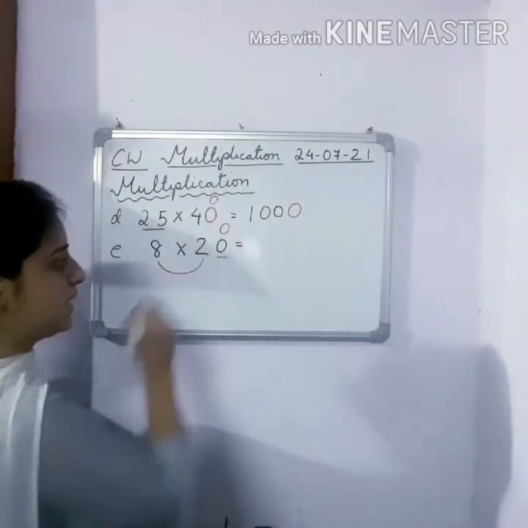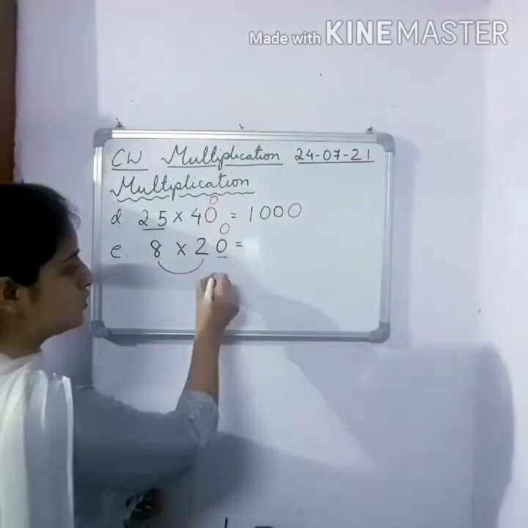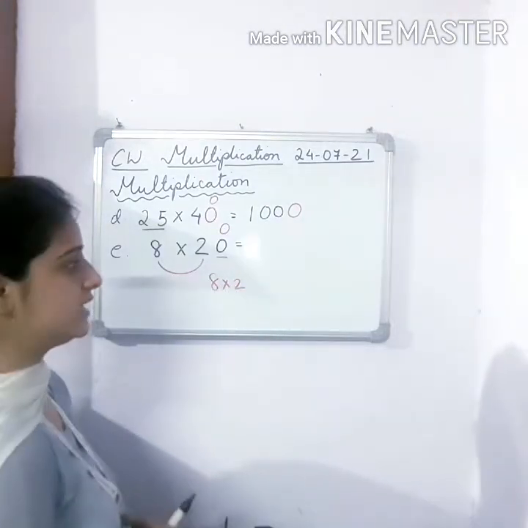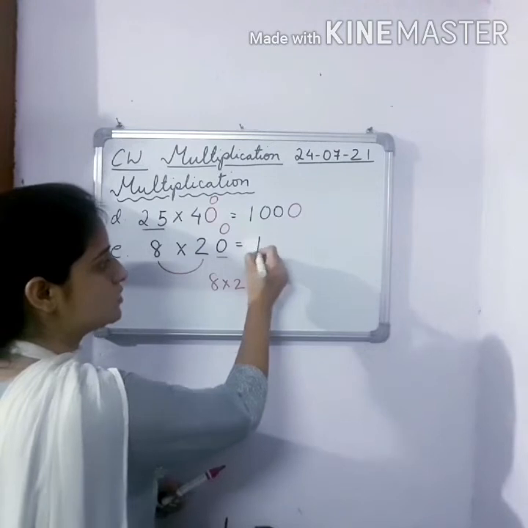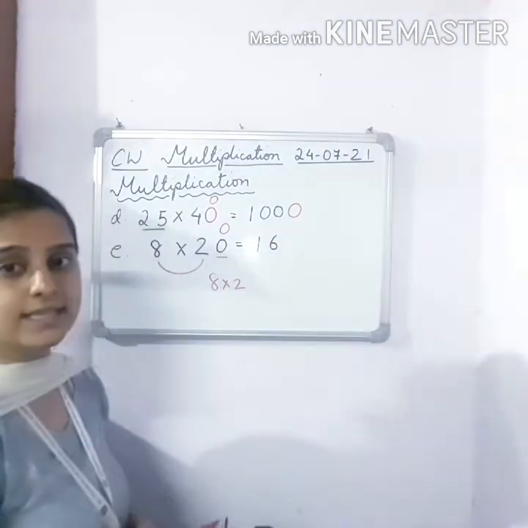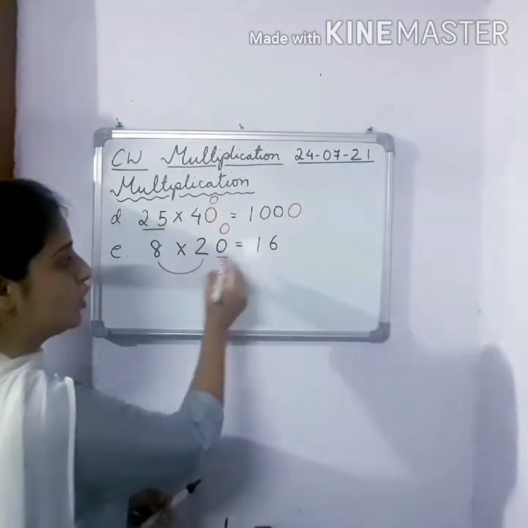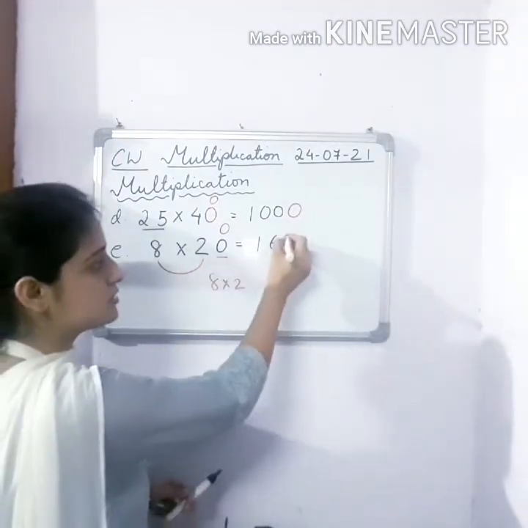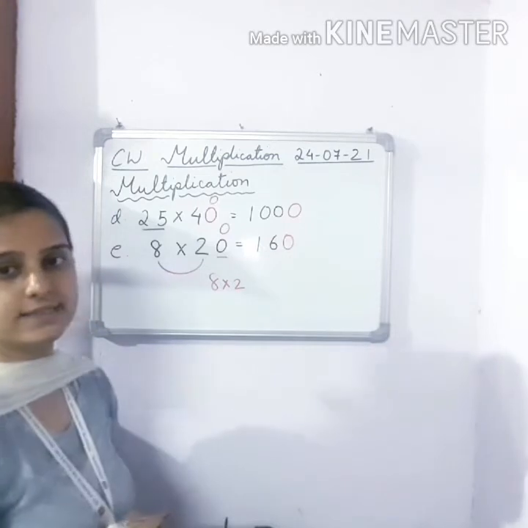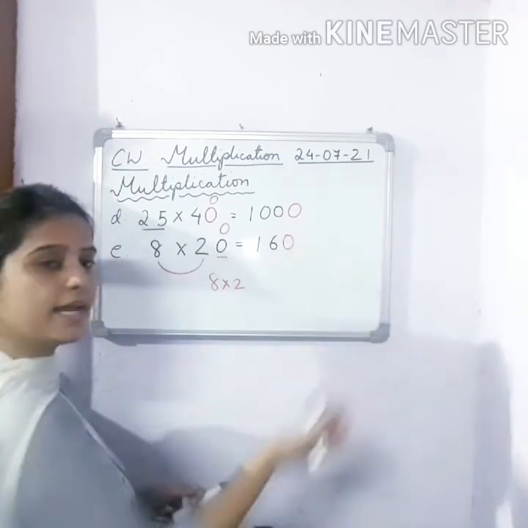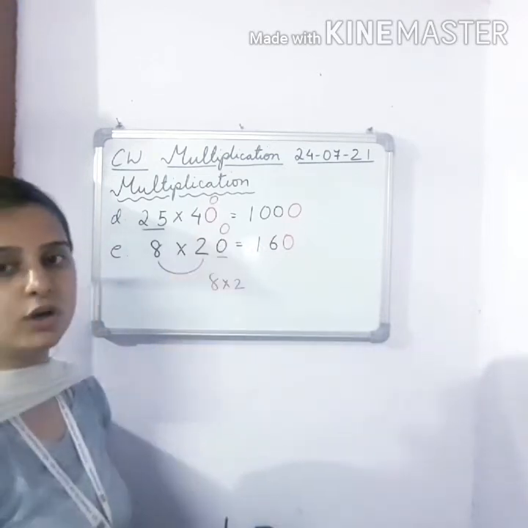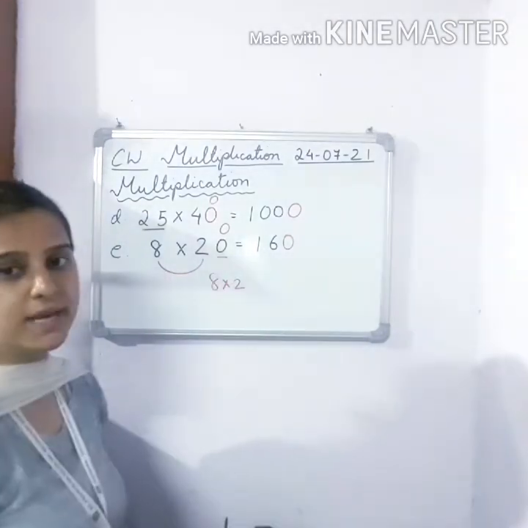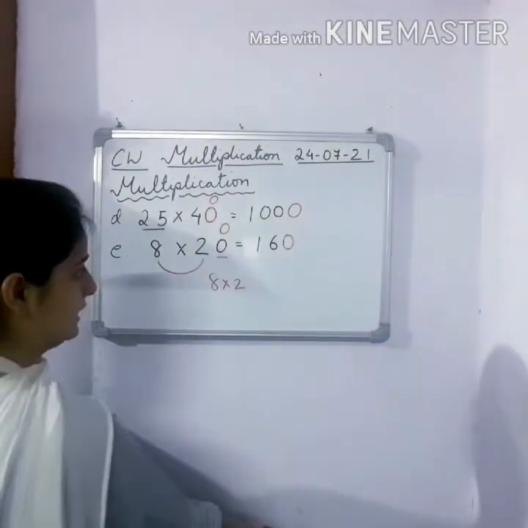First we will multiply 8 into 2. 8 twos are 16. And this 16 will be followed by 0, and this 0 we will put in ones place. Very easy. We don't have to arrange in column. We don't have to follow the long method of multiplication. We can do this mentally also and quickly.